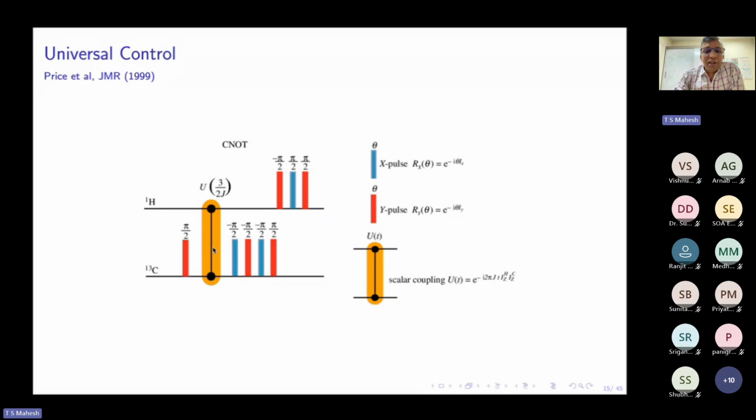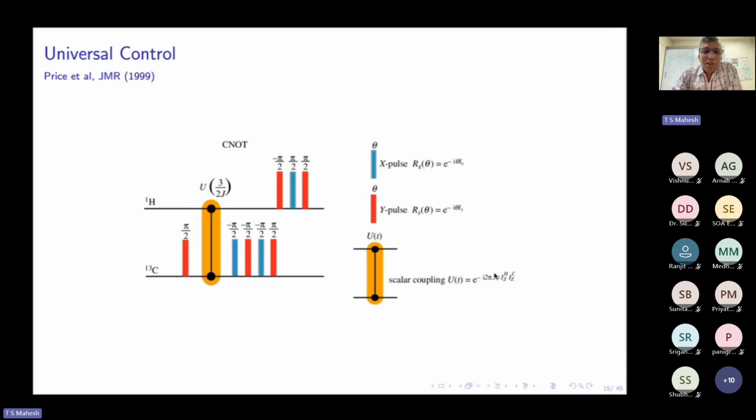This is the interaction that I was talking about. That's the J interaction, the indirect spin-spin coupling. We have to let this interaction take place for a particular duration of time, that is T here, and J is the strength of the interaction, and this is an Ising type of interaction, a ZZ interaction between the two spins. This is already built into the spin system.